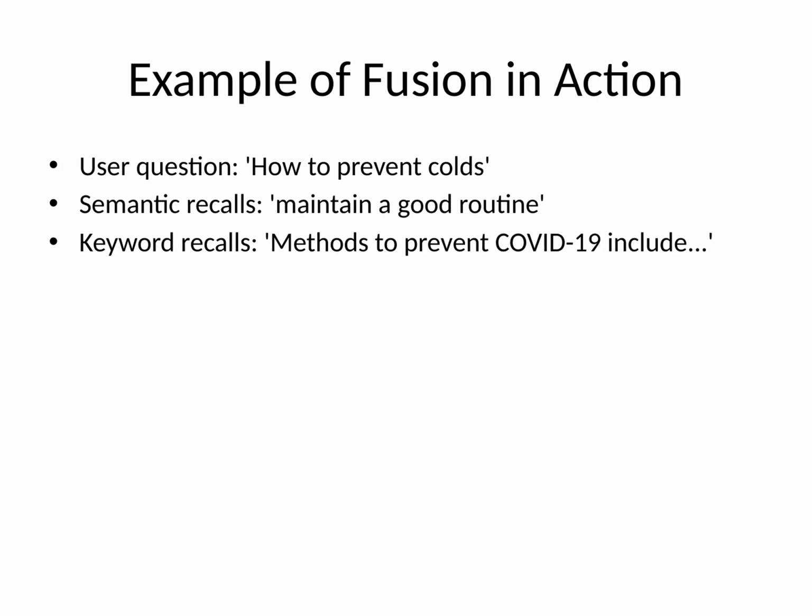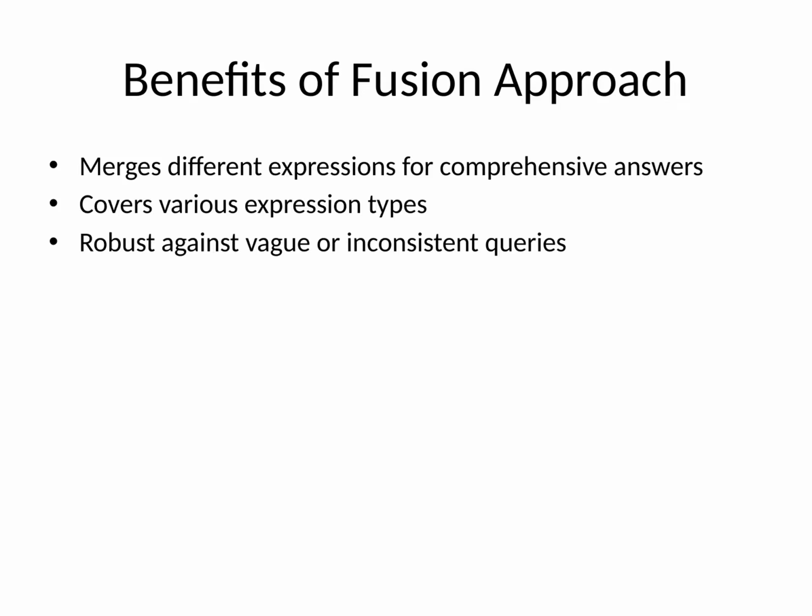For example, if a user asks how to prevent colds, semantic retrieval might recall content like "maintain a good routine," while keyword retrieval might find "methods to prevent COVID-19 include." By combining these two retrieval methods, content can be merged to form a more comprehensive answer.